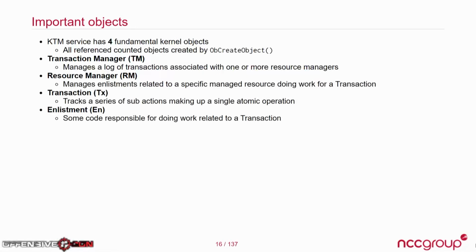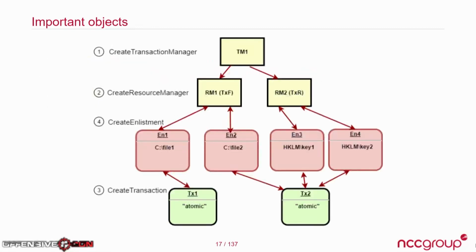The resource manager manages the specific resource that you want to deal with for a transaction. Then you have the transaction object, which you create to say this is the whole work, the whole set of actions I want to be part of the same transaction. And the enlistment is basically the link between the resource and the transaction, enlisting to a specific task.